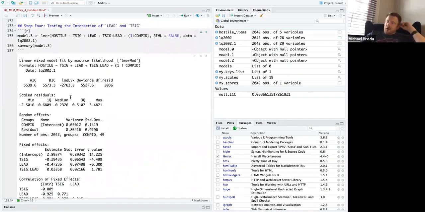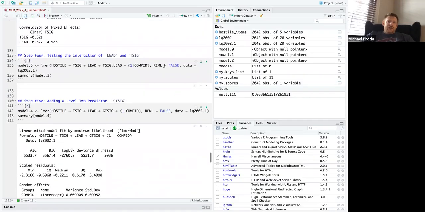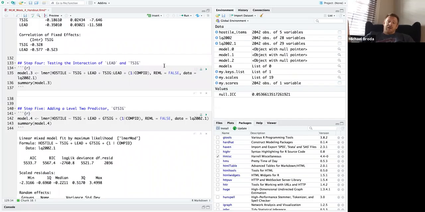Okay, so now let's think about this in terms of moderation. We've looked at the main effect of leadership and the main effect of task significance. Those are both very significant. So now, what if leadership is actually a moderator of task significance?